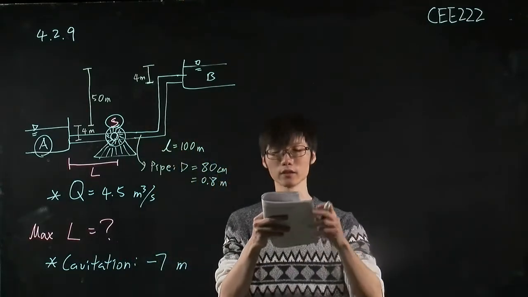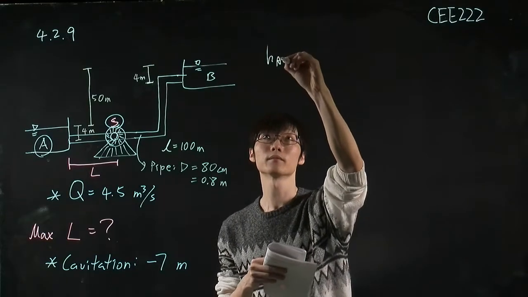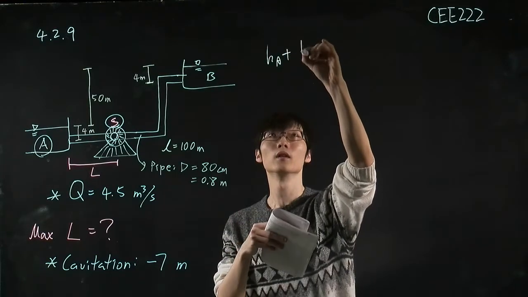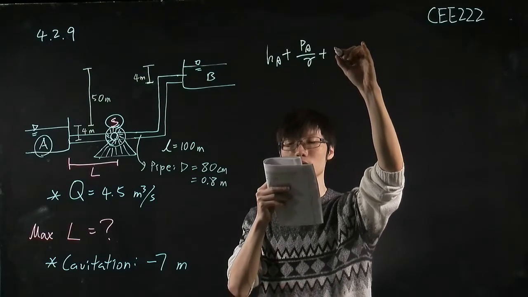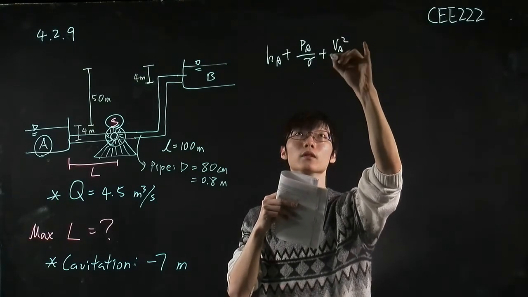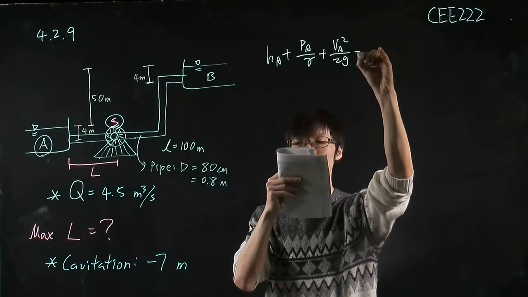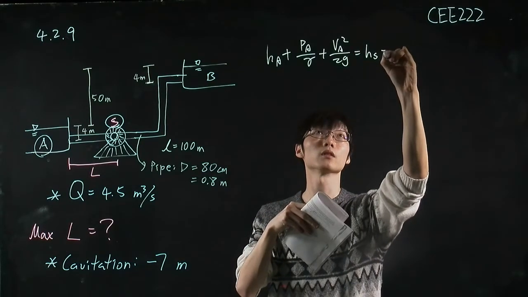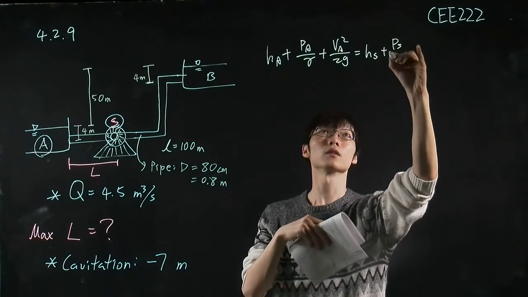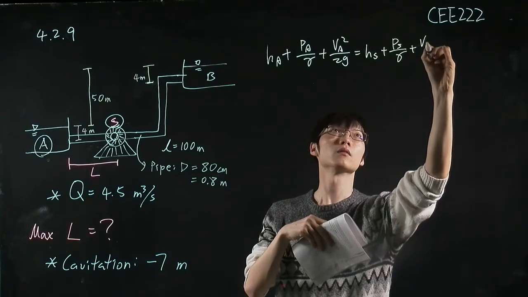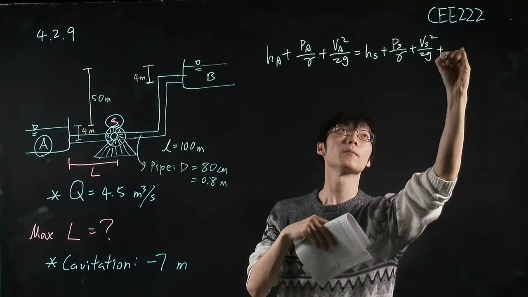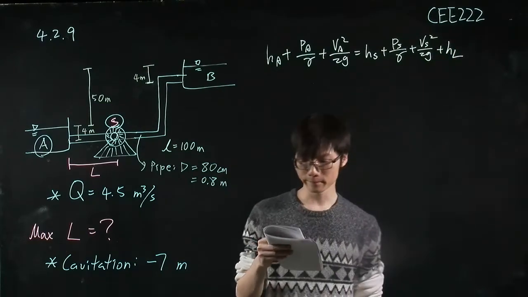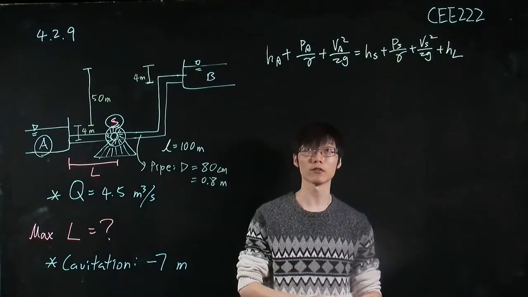Okay, let me write down the energy equation here. Plus VA squared over 2g equal to HS plus PS. Okay, so this is the energy balance equation.